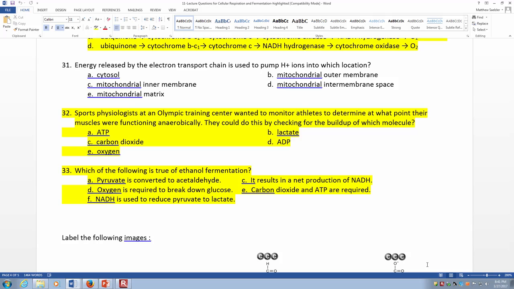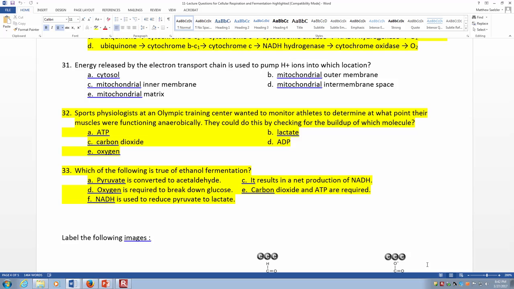33, which of the following is true of ethanol fermentation? Not F. Not C. It's A. Yeah, A. So pyruvate is converted to acetaldehyde.